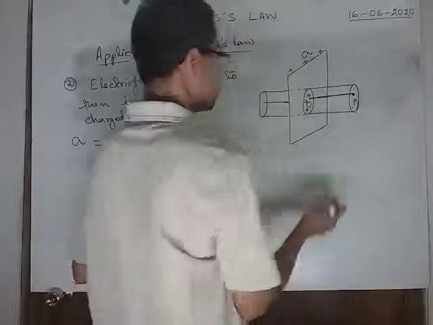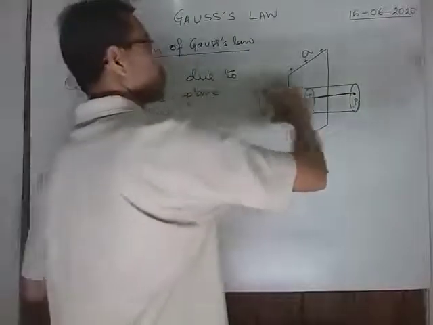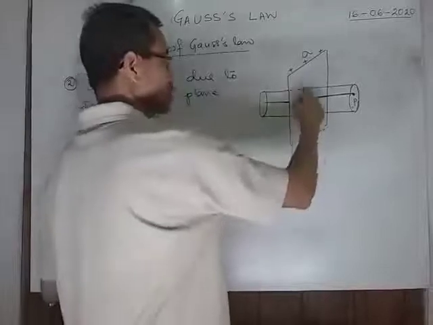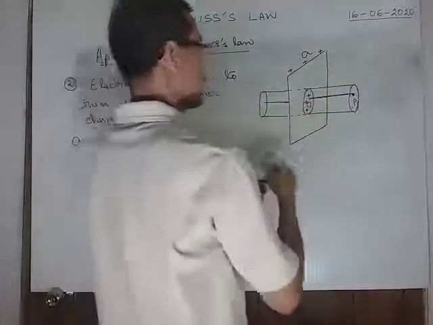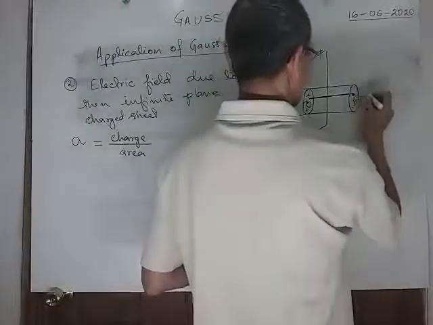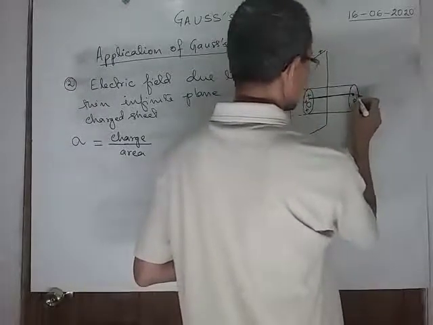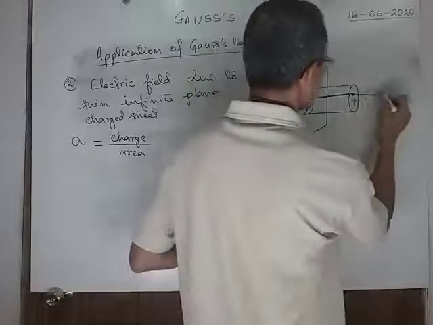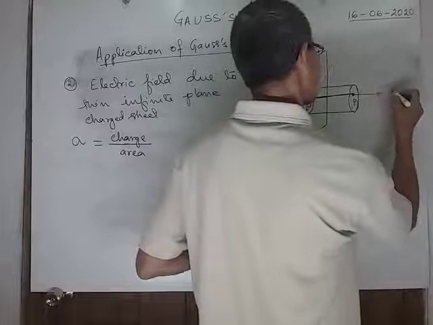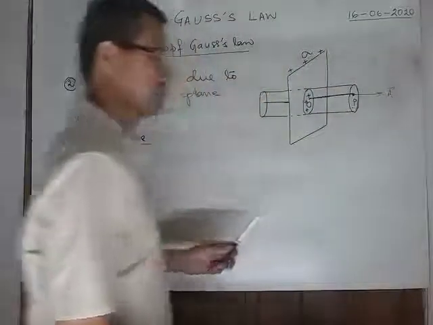When we want to find the total charge enclosed by this closed Gaussian cylinder, we need to take this area. So let's have this area as area A, and if you want the vector, then your area A vector will be in this direction. Let me call it A, and write it as A vector like this.